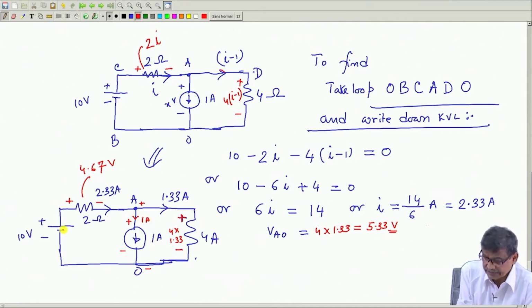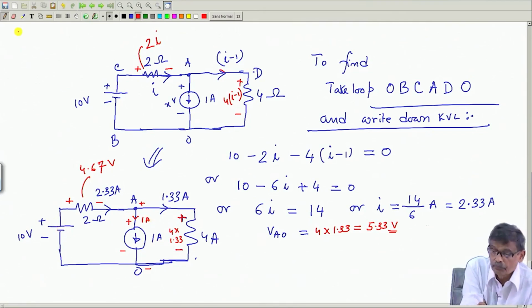Acha, let us take this 10 volt source. What is it doing? This current, 2.33, is coming out through the plus terminal. So, this 10 volt source is delivering power.